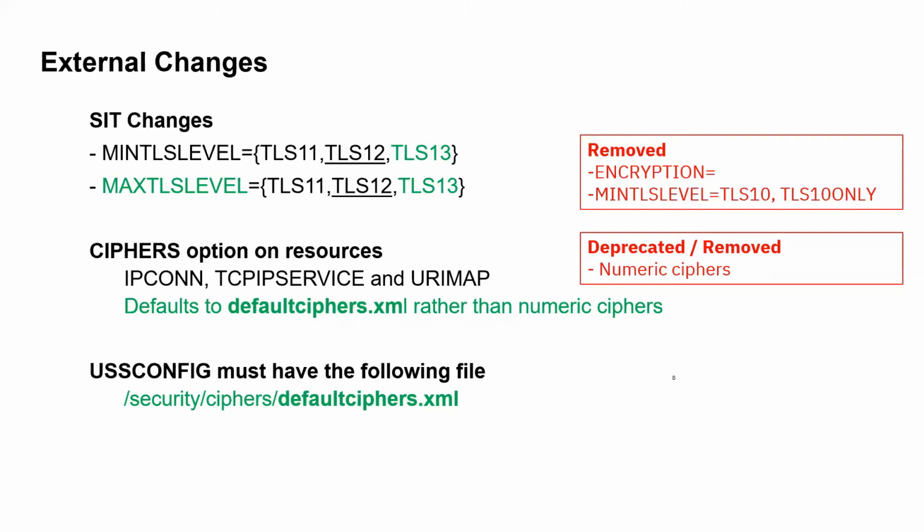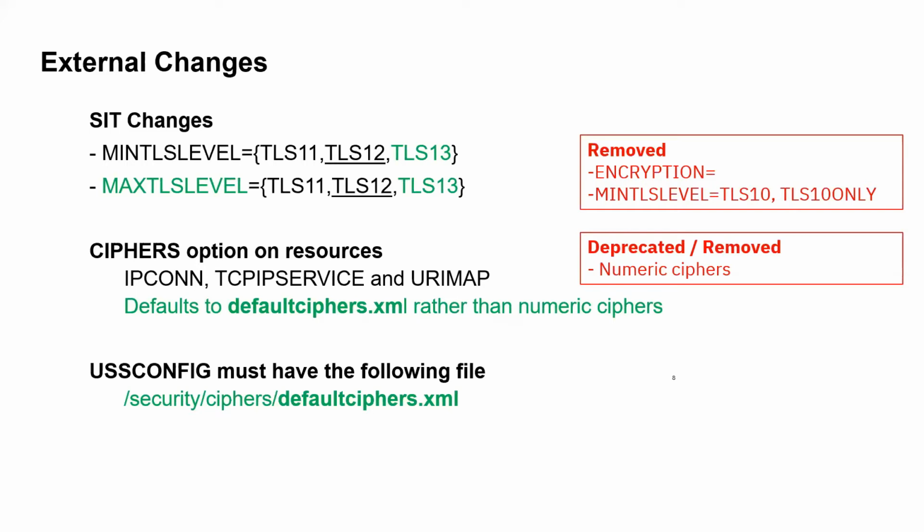Another major change to the configuration is the deprecation of allowing numeric ciphers to be explicitly specified on the resource. As many of you will know, the RDO definitions have got numeric ciphers on them. That worked fine 20 years ago when there were a few 2-digit ciphers. It no longer works in the era of these 4-digit ciphers.